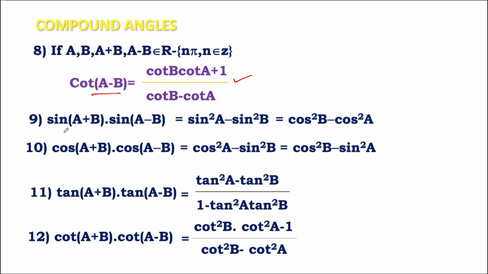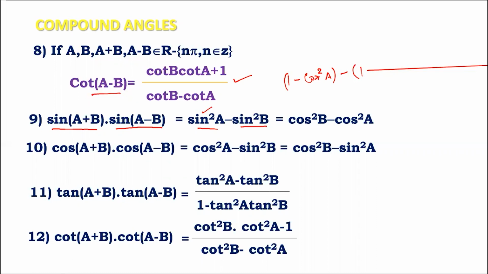And the most important formula that we have to use many times for competitive examinations: sine a plus b into sine a minus b is sine square a minus sine square b. Or if you are converting this sine into cos, it is 1 minus cos square a minus 1 minus cos square b.